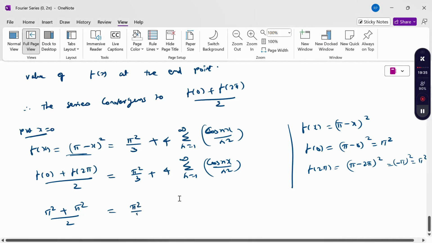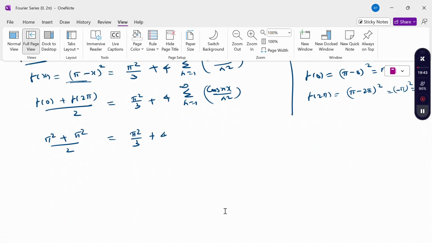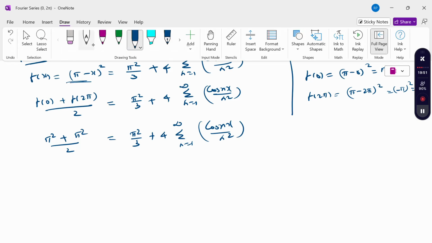Now pi square by 3 plus 4 sum n from 1 to infinity cos nx by n square. So when I substitute x equals 0, for this term cos 0 has value 1. Therefore, this is 2 pi square by 2.